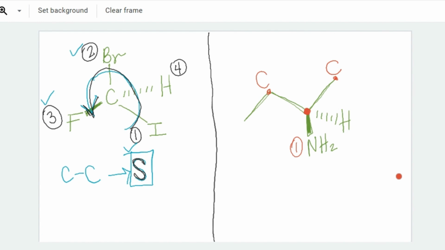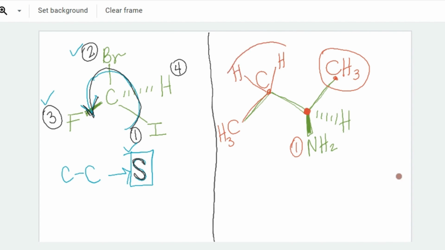Now we're in a situation where we have a carbon here and a carbon here, and we are supposed to determine which one is going to have the highest priority. This carbon here is basically a CH3, a methyl group. The carbon is attached to three hydrogen atoms, which are very small and have lower atomic numbers. The other carbon is attached to another carbon group, which is a CH3, and it is also attached to two hydrogen atoms.